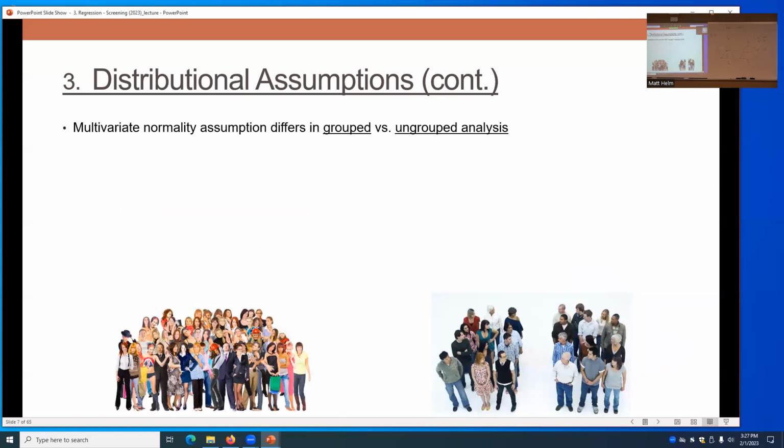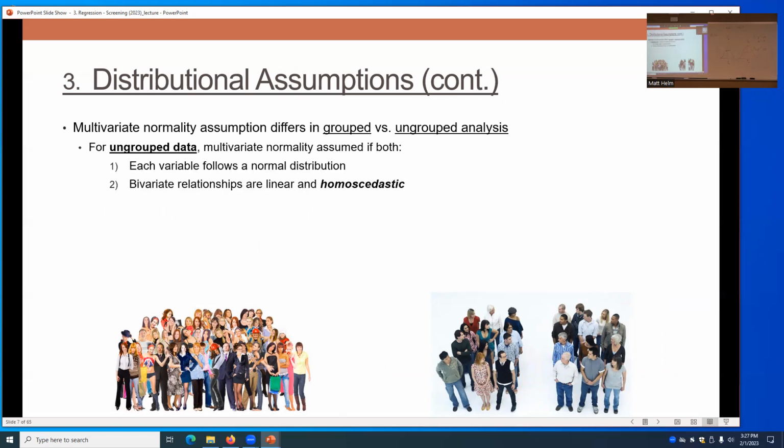Multivariate normality assumptions differ for grouped versus ungrouped analyses. For our ungrouped analyses, such as regression models, I'm going to assume multivariate normality if I meet 2 conditions. One, each variable follows a symmetrical, approximately normal-ish distribution, and two, each bivariate relation is linear and homoscedastic.